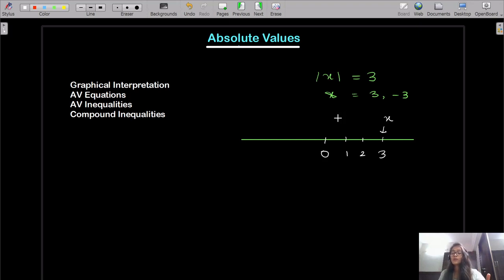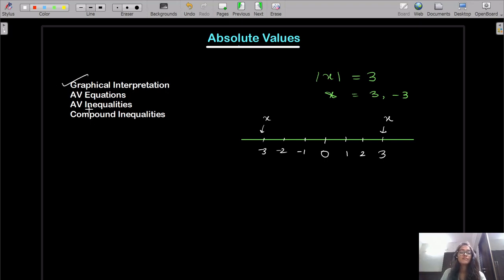And since distance can be measured from both directions, if I take the point negative 3, the distance of negative 3 from 0 will also be 3, because distance can only be positive. So my x can be here as well, and that's why you get positive and negative 3 both. Having this understanding is really crucial when you're learning about absolute values. So this is the graphical interpretation of absolute values.